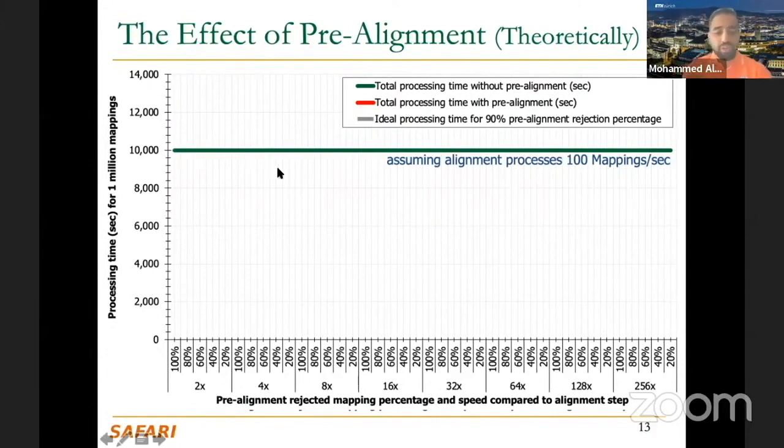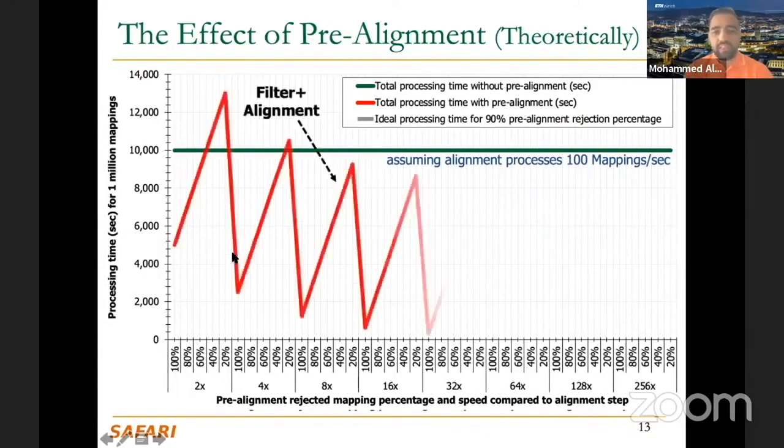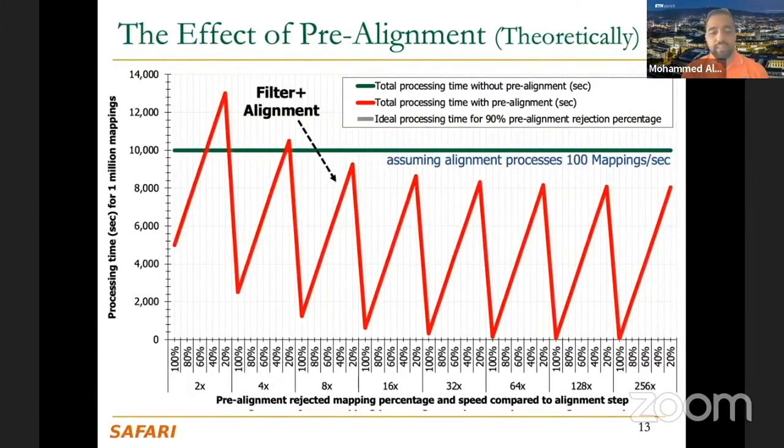Now we want to measure the time for filtering plus alignment, given that these characteristics are satisfied. For example, if we say 100%, then 100% of the pairs are rejected. So this is what we get, really a zigzag shape plot. What does it say? Focus at this point, for example. If the filter rejects totally everything, so 1 million pairs get rejected, what does that mean?